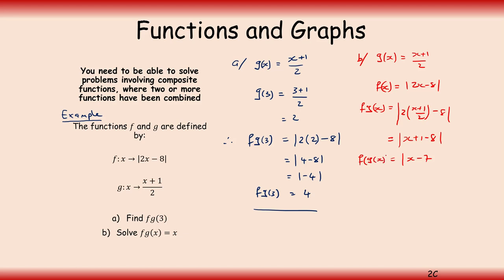So f of g of x is equal to the modulus of x minus 7. Now they're telling me in the question f of g of x equals x, so I need to solve that. Now we can sketch it.